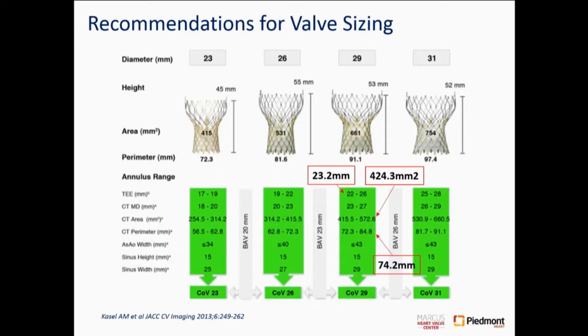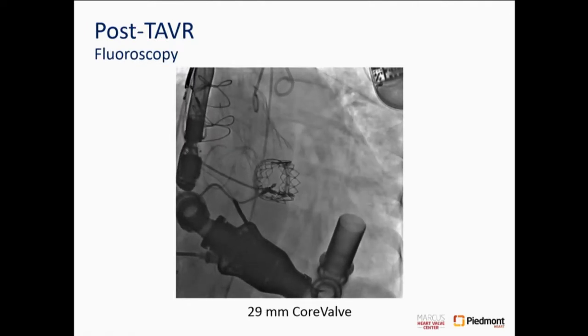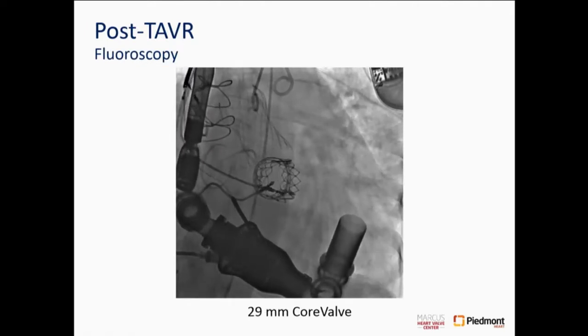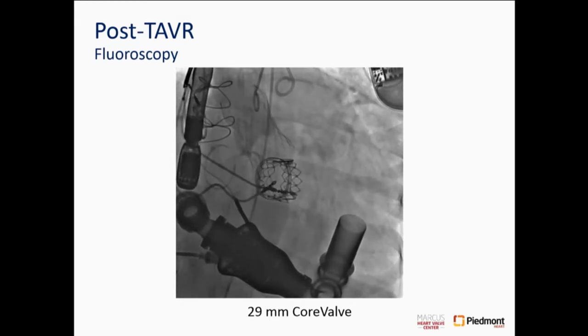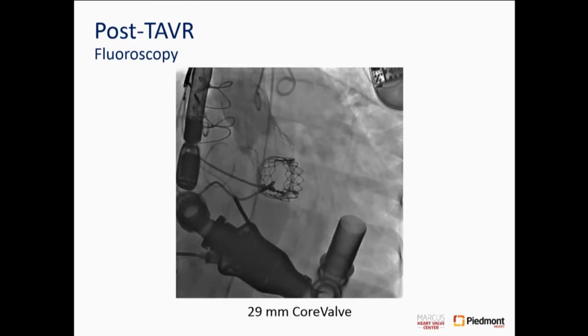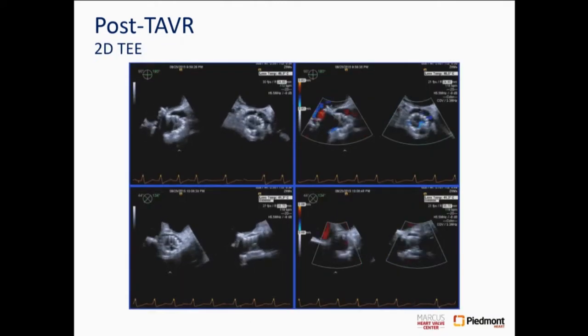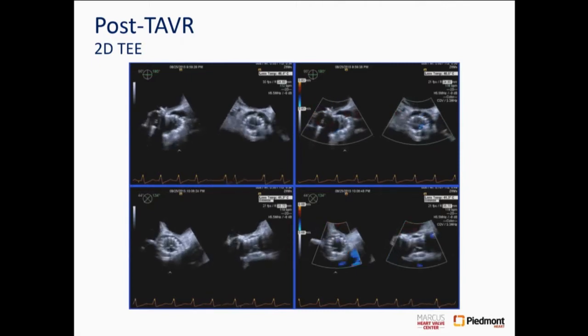And then using the same tables that CT would use, all three numbers predict a CoreValve 29, and she undergoes a CoreValve 29 and has no aortic regurgitation, purely guided by 3D TEE sizing intra-procedurally in this case, because she had to be done under general anesthesia. And this is the post-TAVR TEE showing no aortic regurgitation or no PVL.